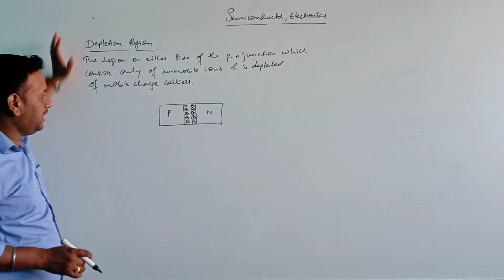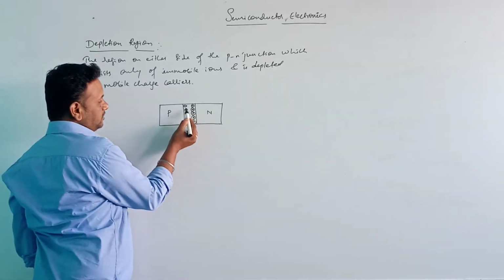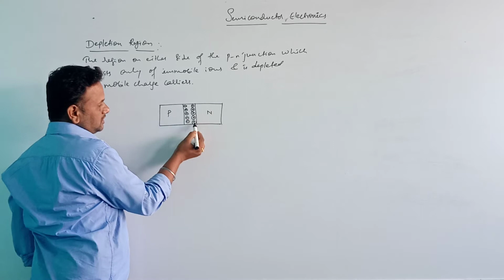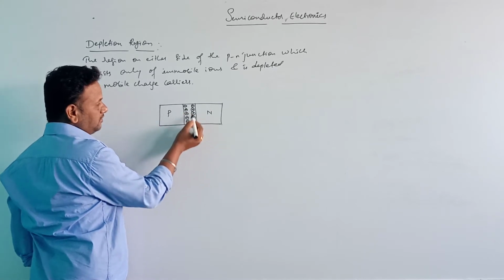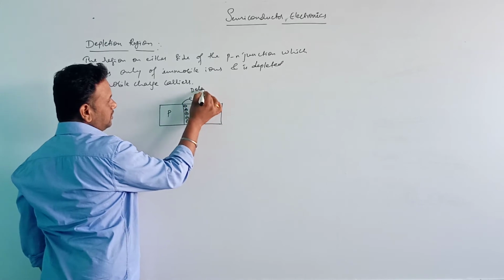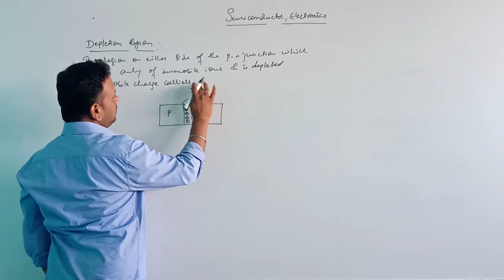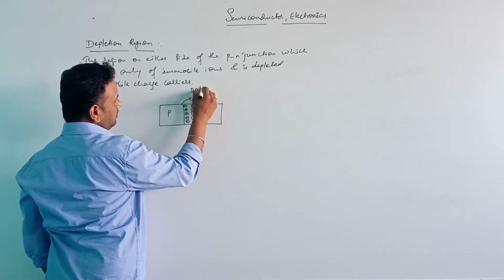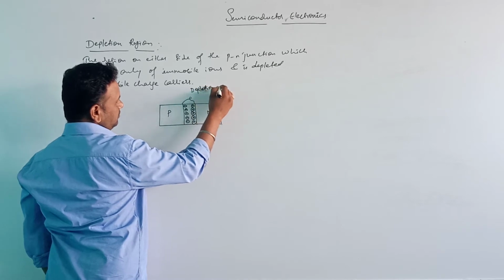The layer of negative and positive ions which forms here is called the diffusion region.